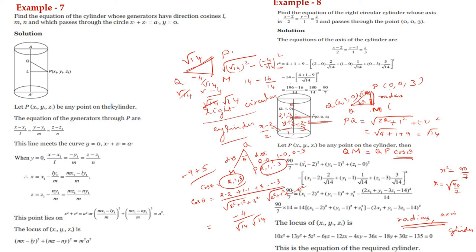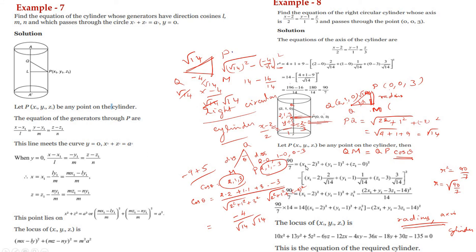We shall just go through what is given over here. We have 90 by 7 from this one, and 90 by 7 is this R square. When we consider any point on the cylinder, it will be x1, y1, z1.